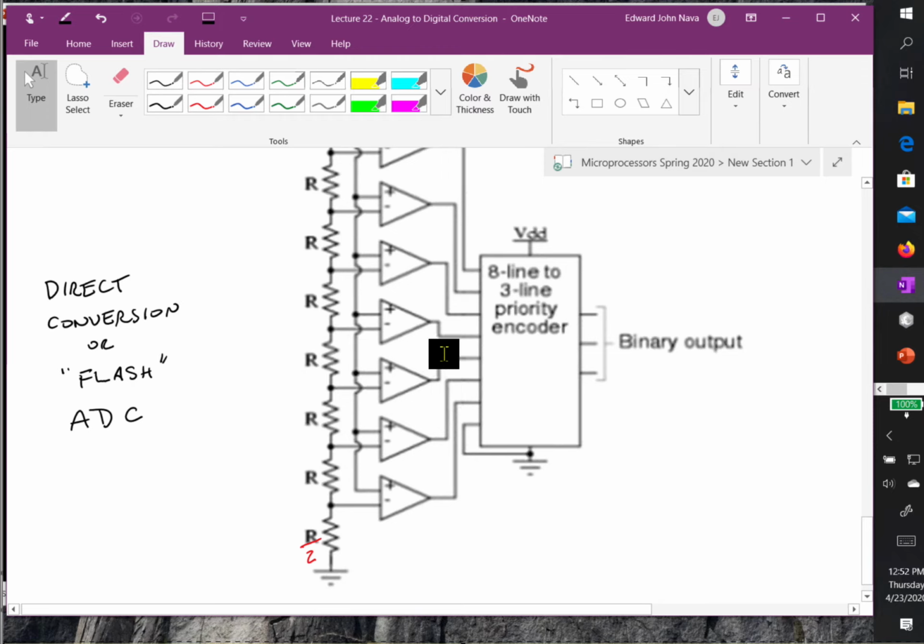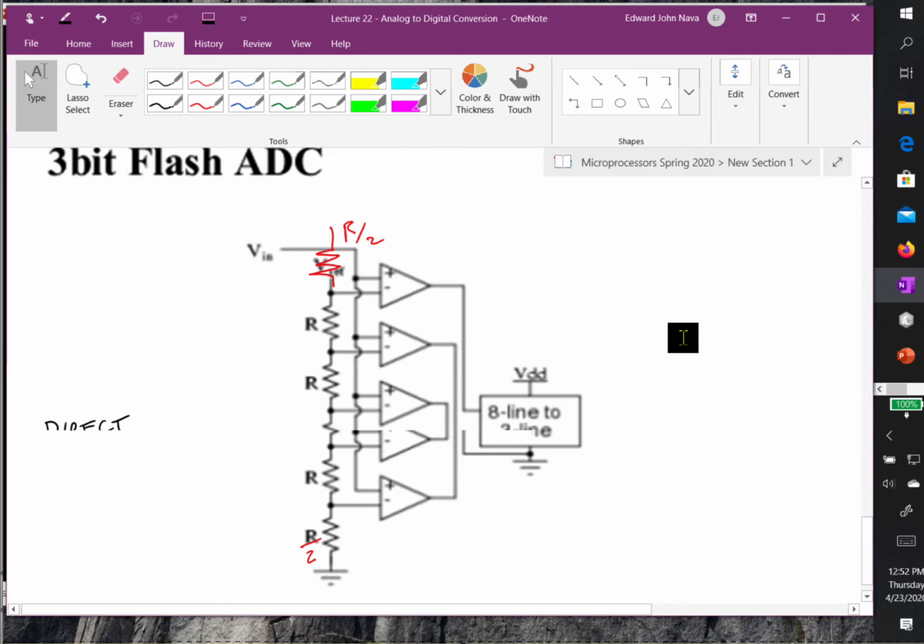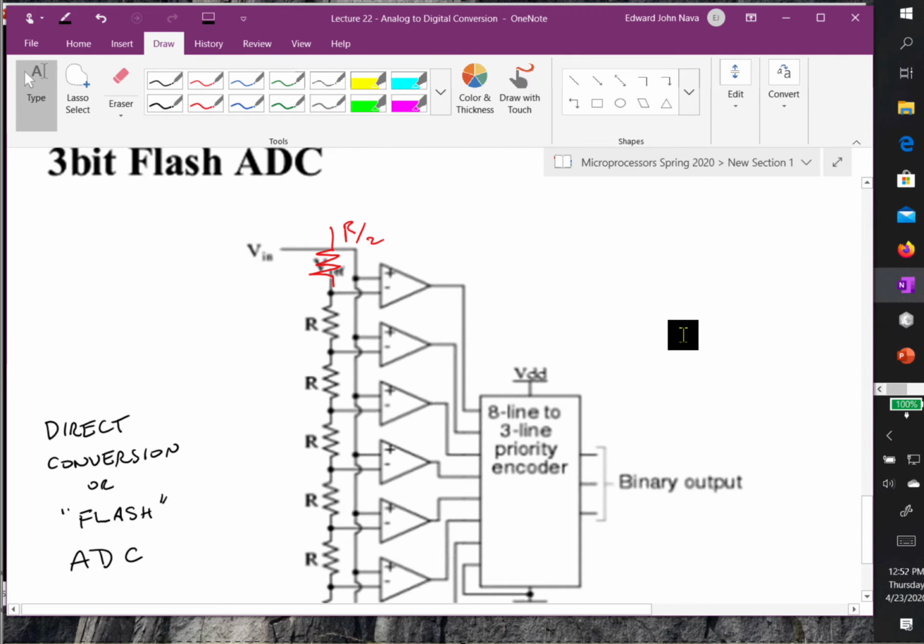these types of A to D converters are used for very high speed kinds of signals. So if I have a signal like a TV signal, a video signal, there are flash A to D converters, and they tend to be very low resolution. So if I needed 6 bits, so 6 bits would be 31 possible values, then I'm going to need 31 op amps to implement it.